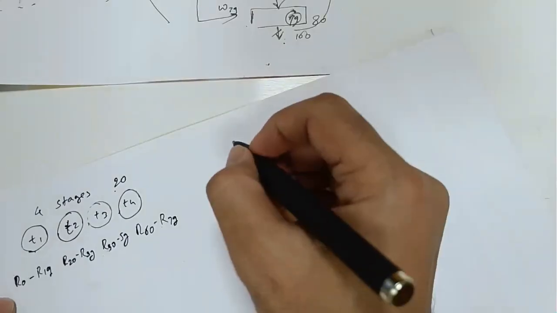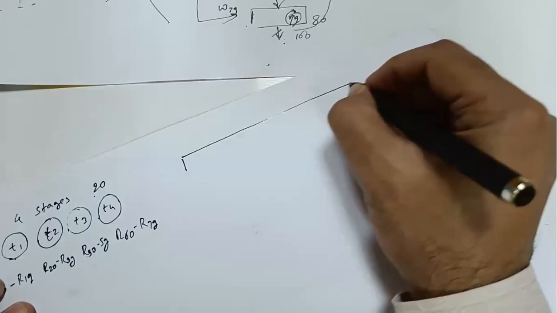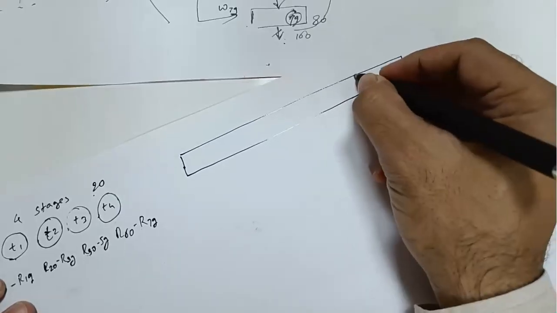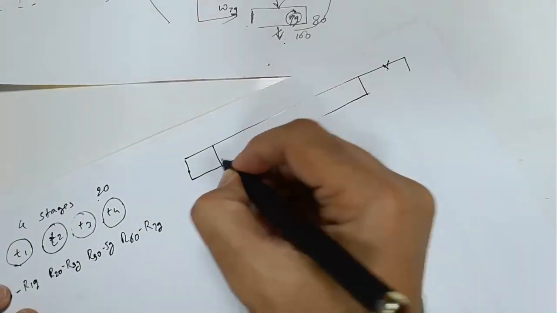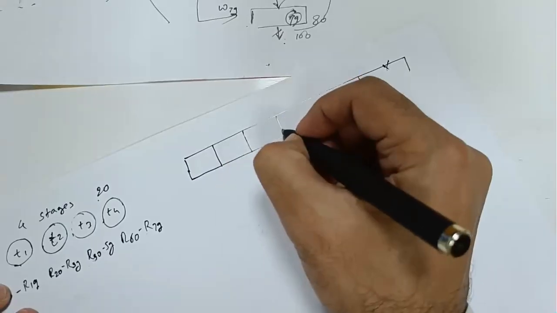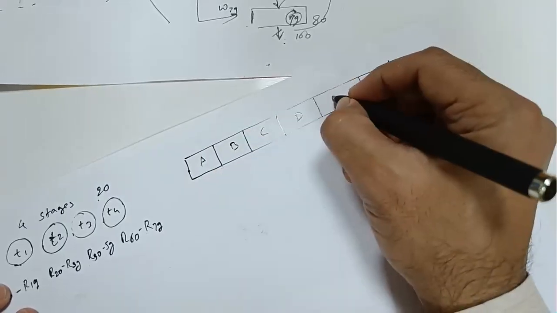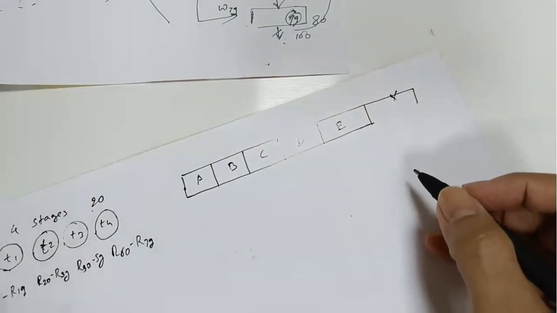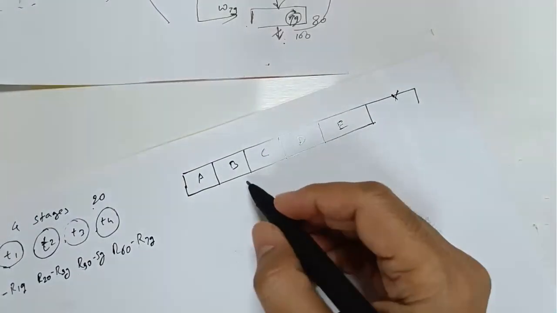So let me draw a diagram here. We'll name these blocks as A, B, C, D, E block.